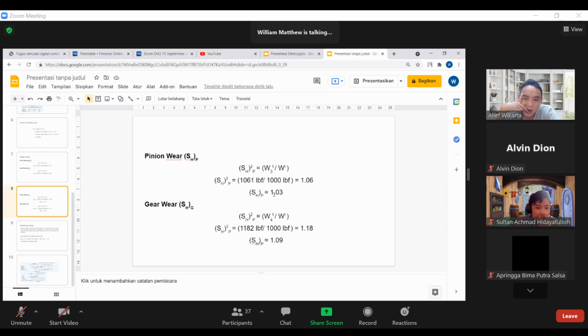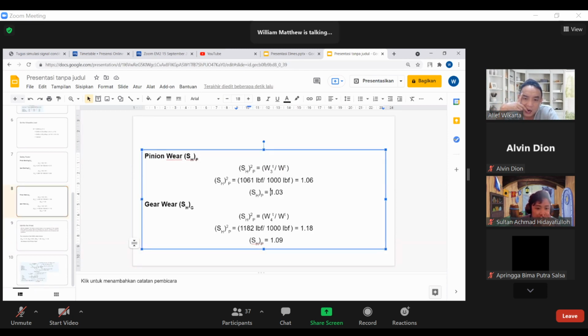From the previous calculation, the true values are 1.03 and 1.09, but the squared values are 1.06 and 1.18.